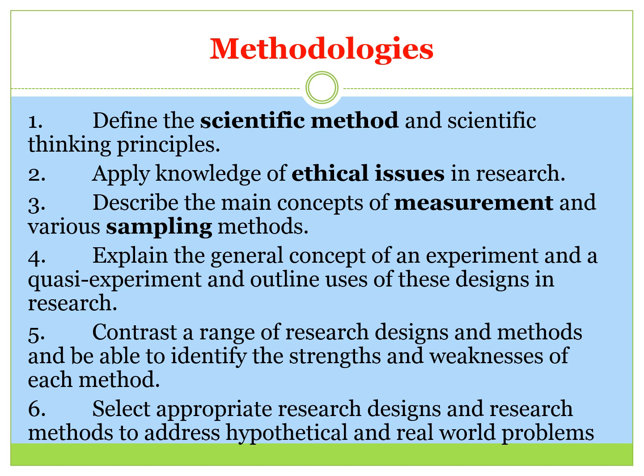You explain the general concept of an experiment and a quasi-experiment and outline uses of this design in research. You contrast a range of research designs and methods and be able to identify the strengths and weaknesses of each method.